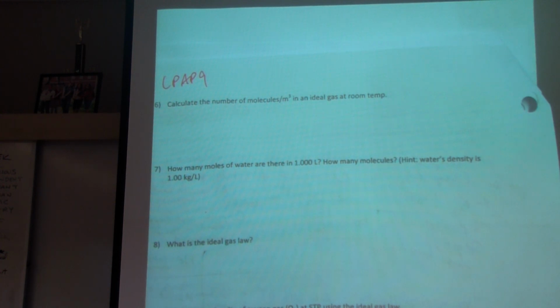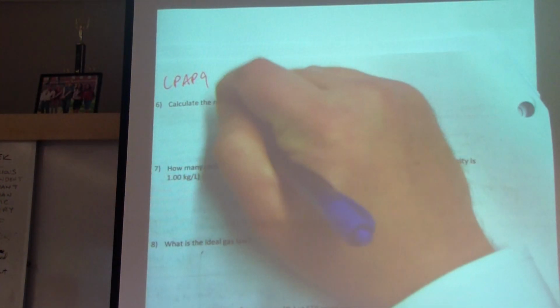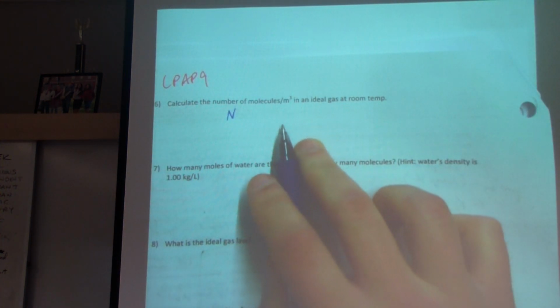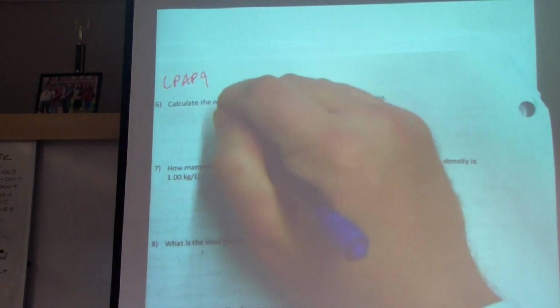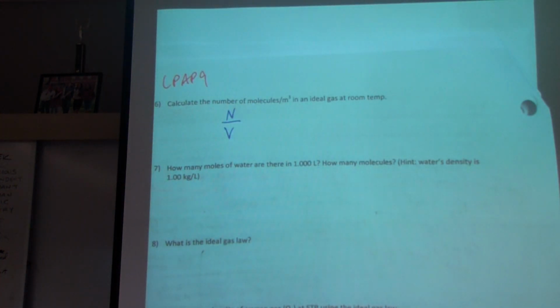Yeah, it's a capital N. And be careful, because lowercase n is the number of moles, capital N is molecules. So we're trying to find N, and then meters cubed, what's that? That's a measure of volume. So we're trying to get capital N divided by V.